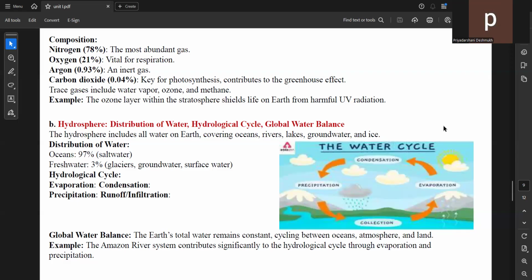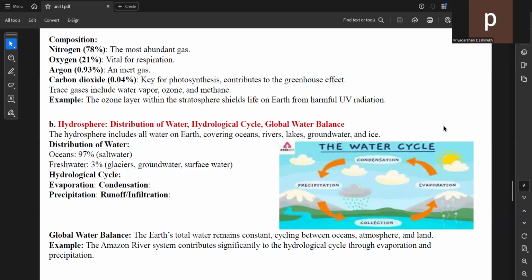The ocean contains 97% of water, but it is salty water. And there is 3% fresh water, which is most of the time glacial water, groundwater, or surface water.